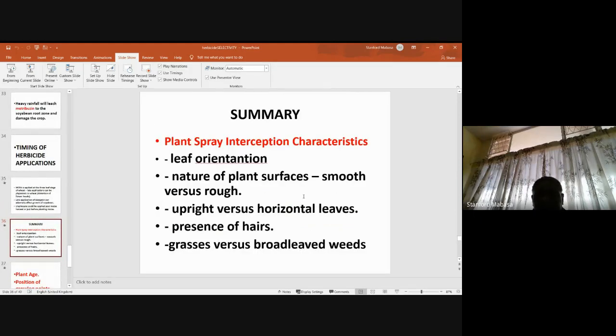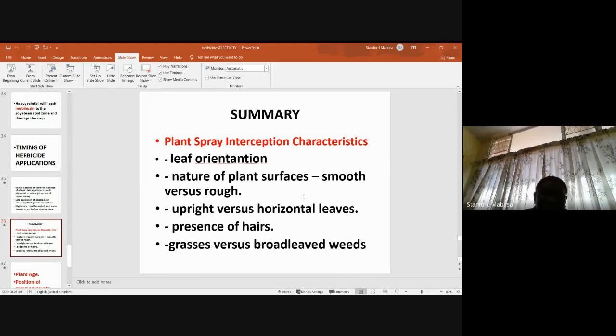So I just want to summarize the non-physiological processes which can bring about selectivity. So far, we have looked at number one, plant spray interception characteristics.